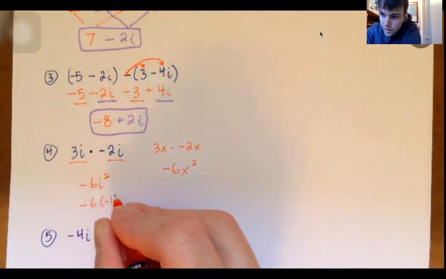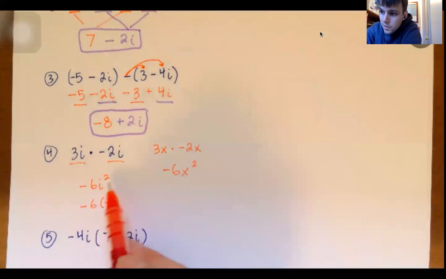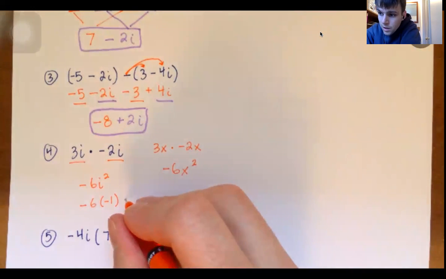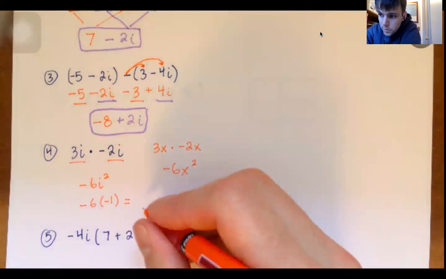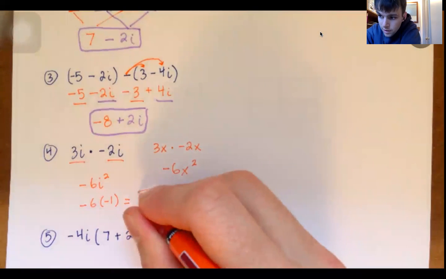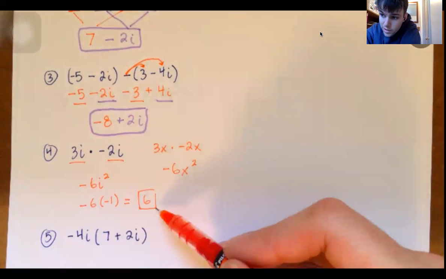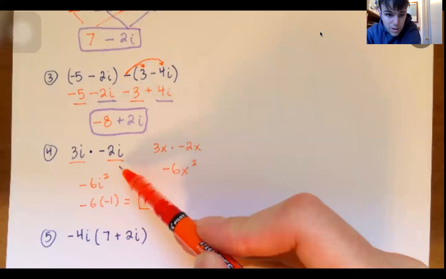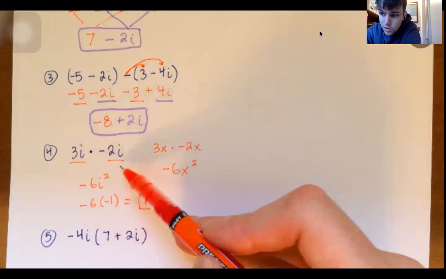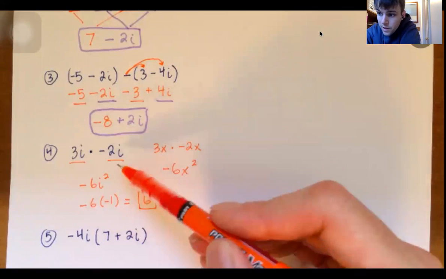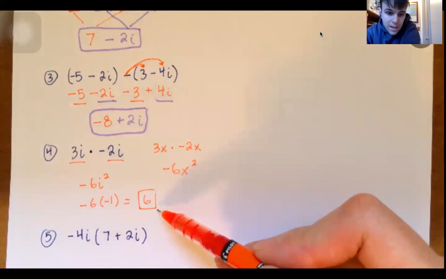So this is really negative 6 times negative 1, which gives us a real number, positive 6. So that's really strange. When you multiply two imaginary numbers, these are purely imaginary, there's no real part with it, when I multiply those together, I ended up with 6, just a regular old real number.